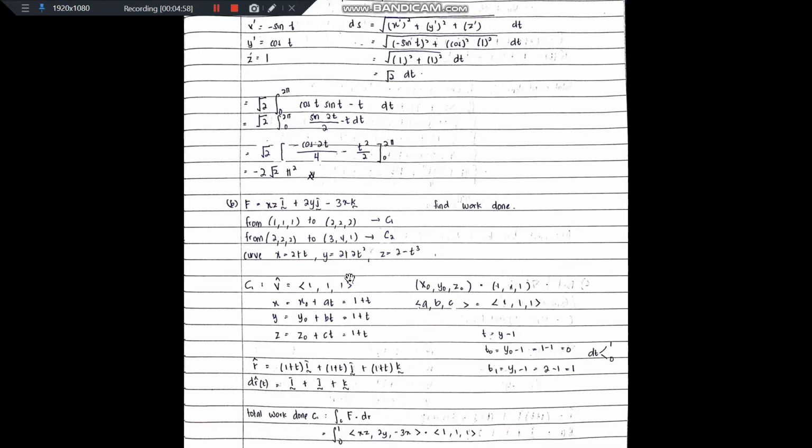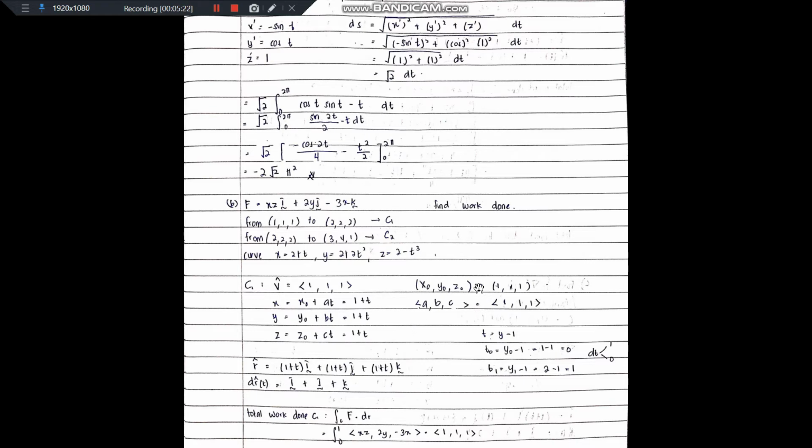First, we have to find line segment 1, which is C1. We can find the direction by subtracting the second point from the first point, which is 2 minus 1, 2 minus 1, 2 minus 1, and then we get (1, 1, 1). Then we find x, y, z with the formula x equals x naught plus at, y naught plus bt, z naught plus ct.